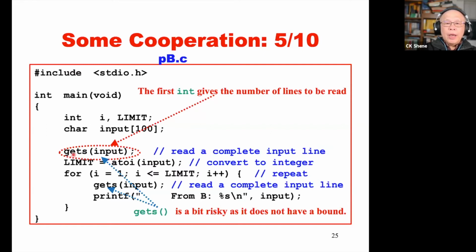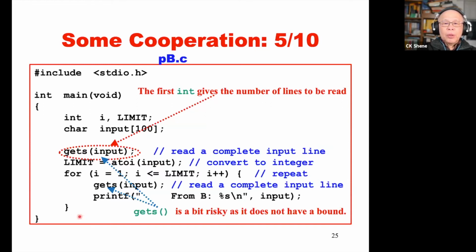So gets would read in the first line from stdin. That line will be saved to input. Then we convert that line, assuming that it contains only digits and represents a positive number, to an integer and save it to limit.